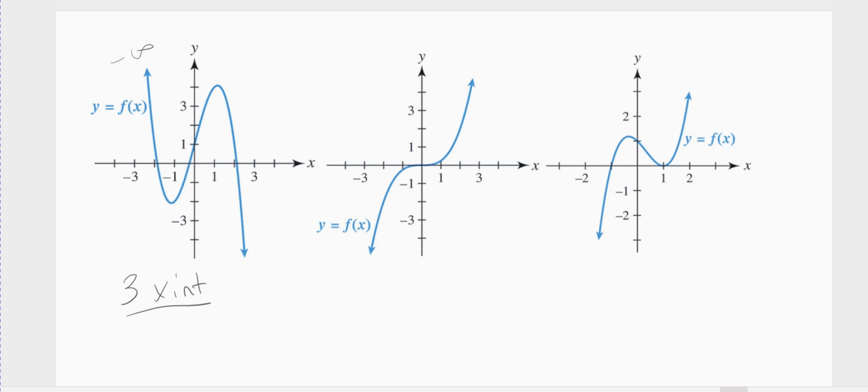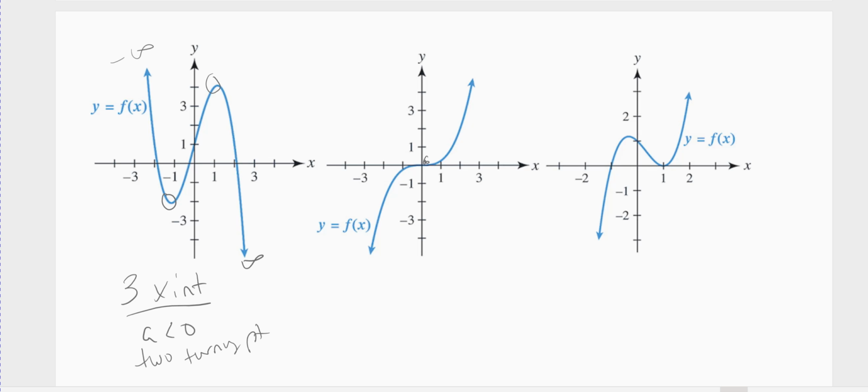And the second graph, my A would be positive. Alright, so in this graph, because of the shape of the graph, I know my A is negative because the left side's going off to negative infinity, right side's going off to positive infinity. It has 2 turning points. Right, it's got a minimum and a maximum, localized max and min.